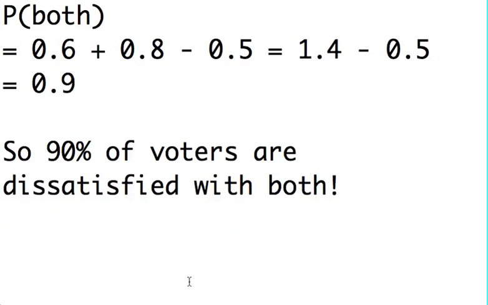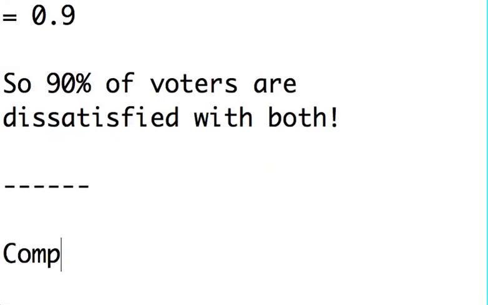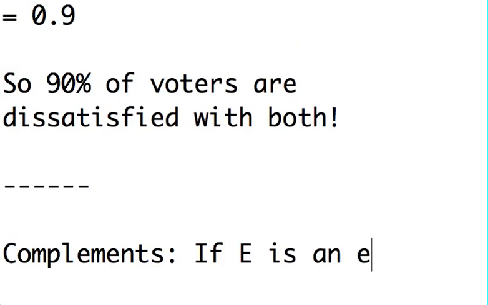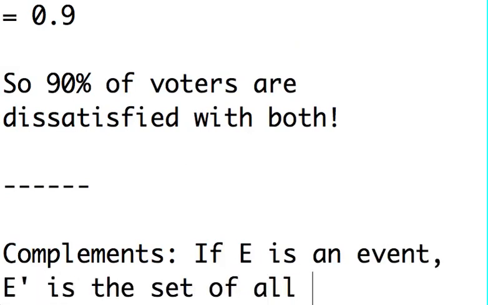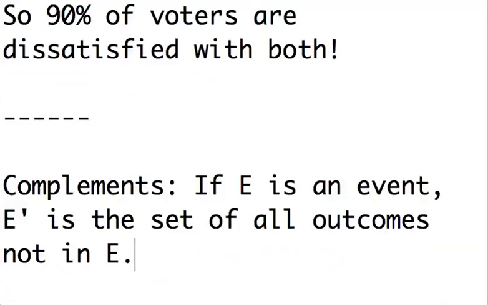Now, the last set operation we're going to talk about is complements. Let's remember that if E is an event or a set, E prime is the set of all outcomes not in E, or all the elements that are not in the given set.